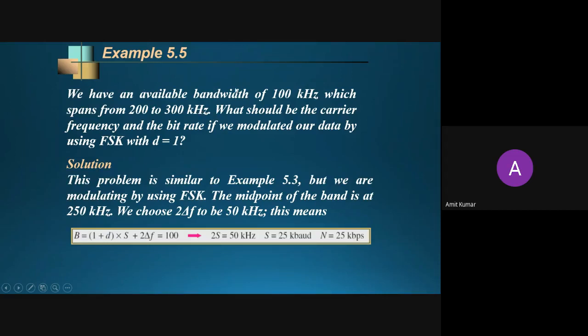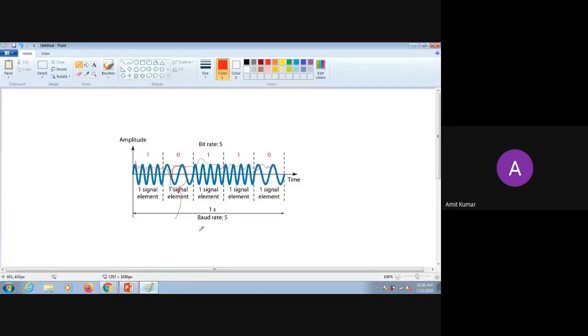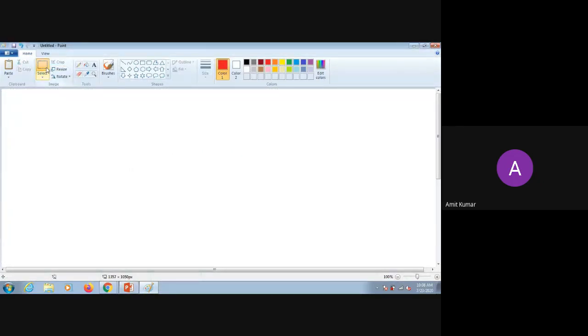That means whatever signal you are using is a band limited signal. So it is not a low pass signal. The bandwidth will not start from zero.